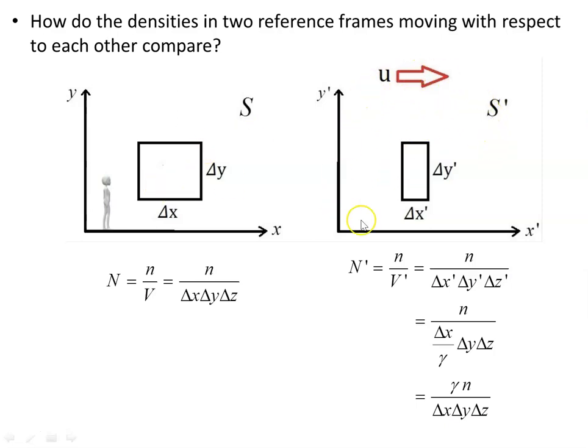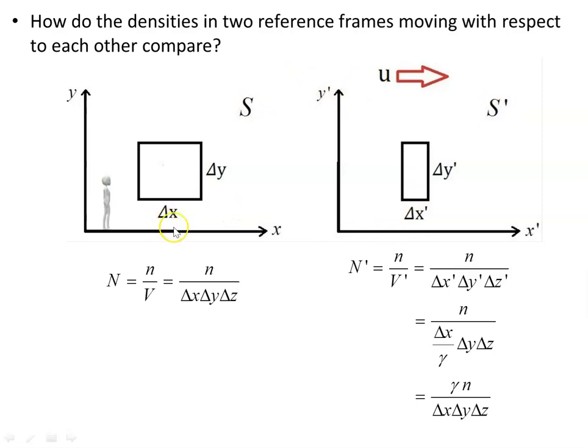And this second frame here, what will the box look like to an observer in this frame S? So this box here, delta x, delta y, and delta z is suppressed in these diagrams here. This is now placed in this second frame S prime, which is moving with respect to the frame S with velocity u.